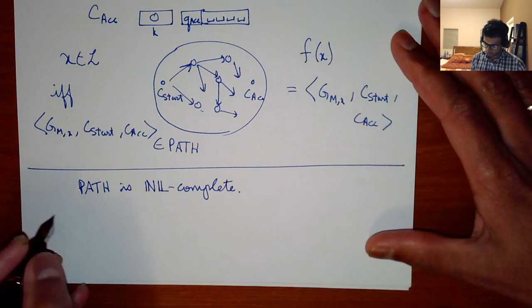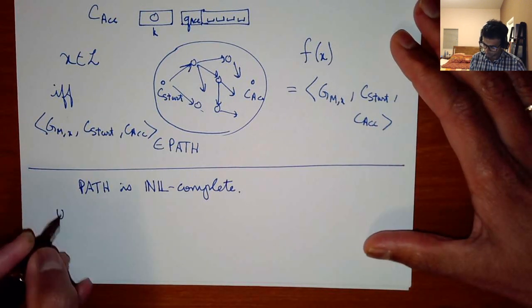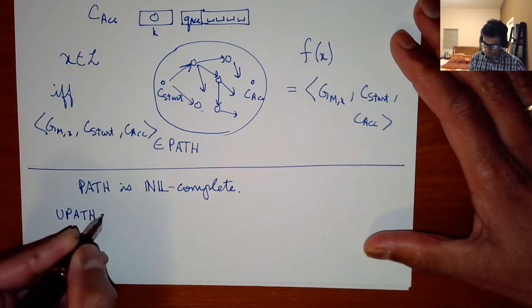And you can think of, what about the problem UPATH, which is undirected.